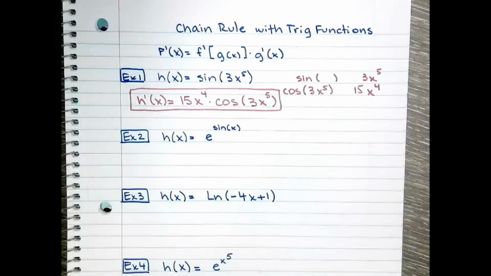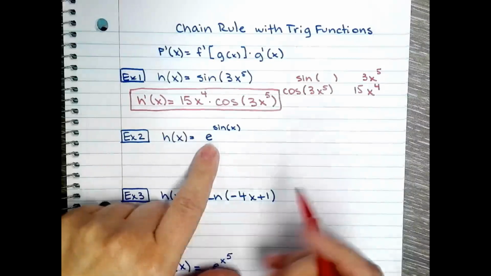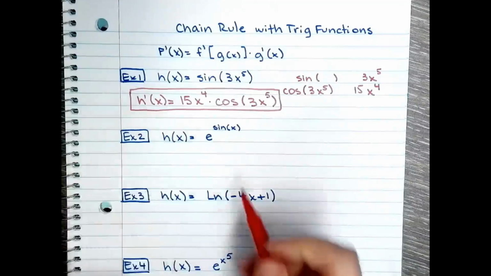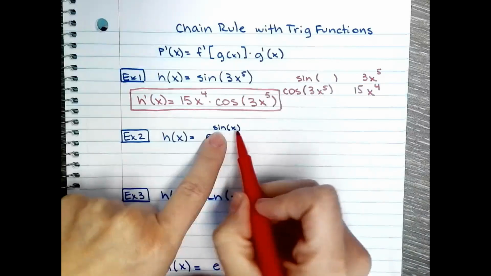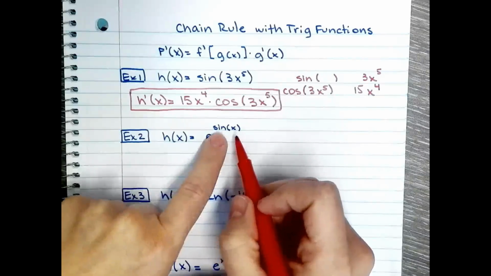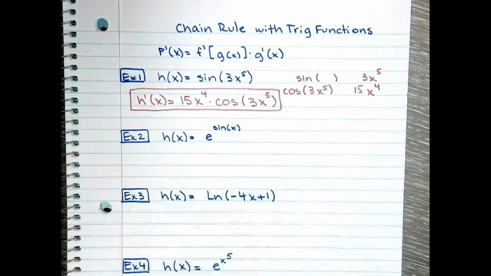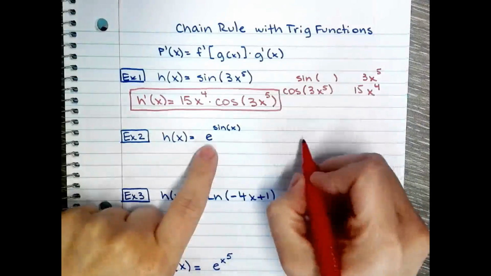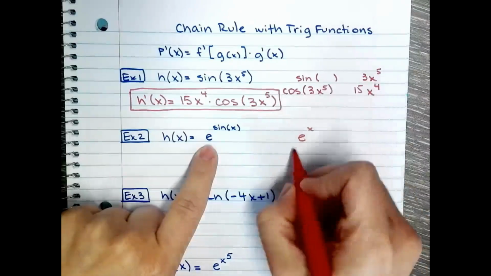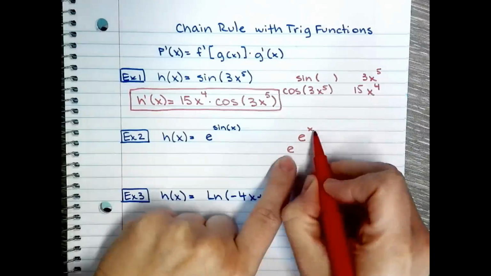Okay, derivative of e. We're used to the derivative of e to the x power. Now the x is another function, and the function is going to be sine of x. We know the derivative of e to the x power is just e to the x power.